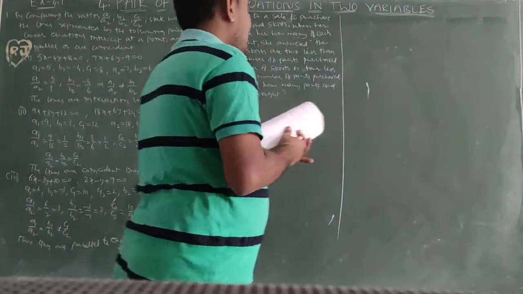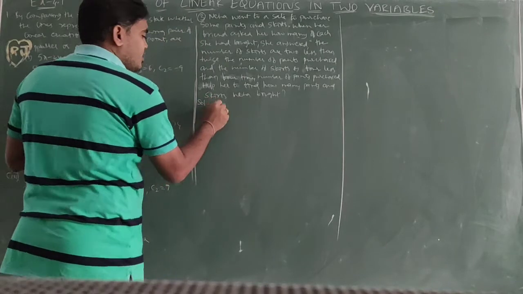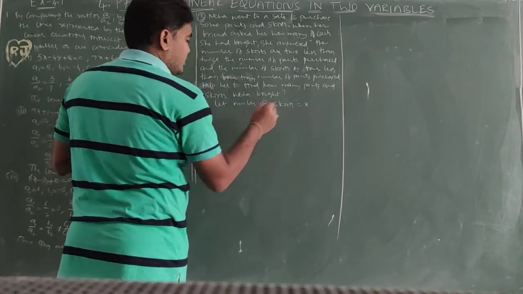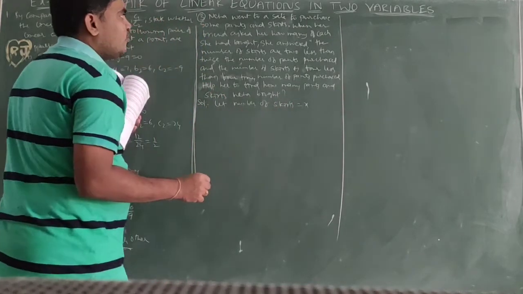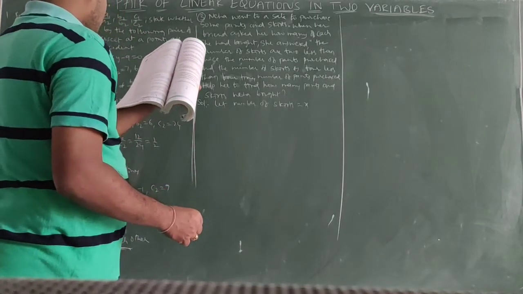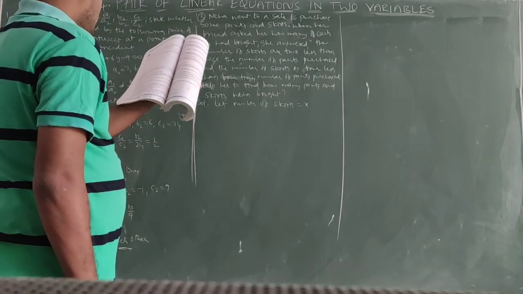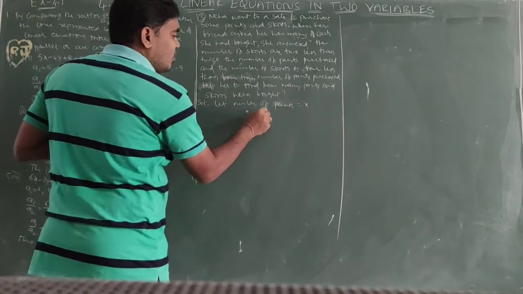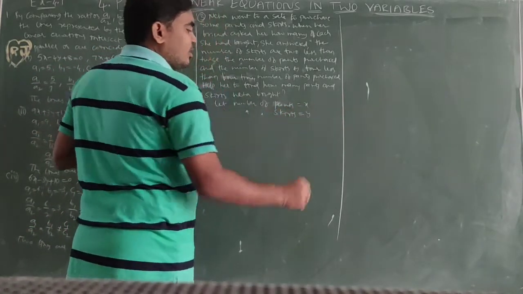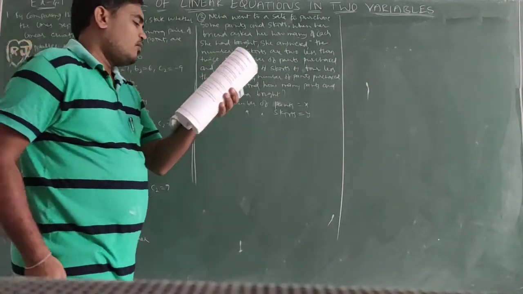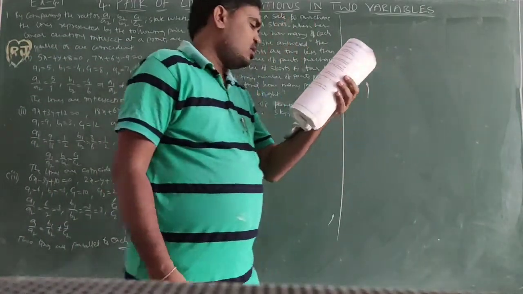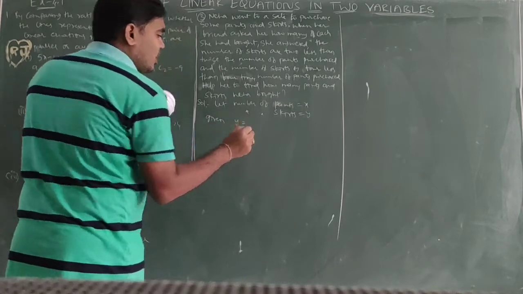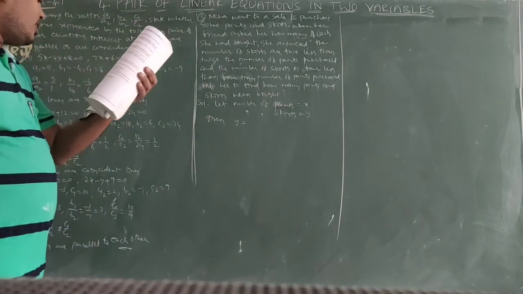So first, the solution. Let the number of pants equal x and the number of skirts equal y. Given: y equals the number of skirts, which is 2 less than twice the number of pants.